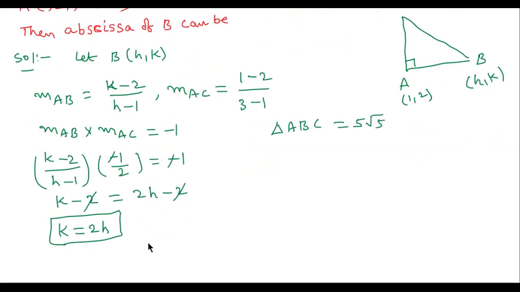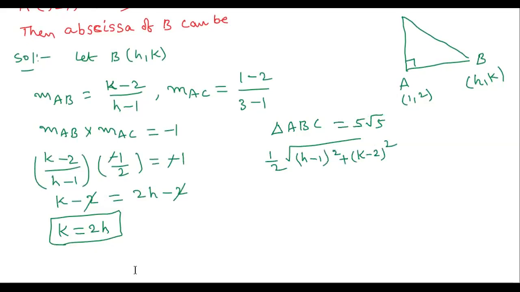What is the area of triangle formula here? Half into base into height. Half base, the distance between A and B. What is the formula? Root of H minus 1 whole square plus K minus 2 whole square.